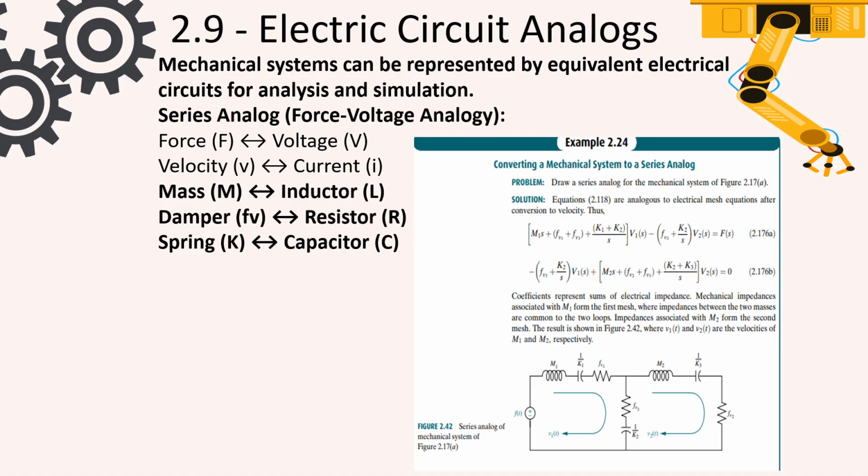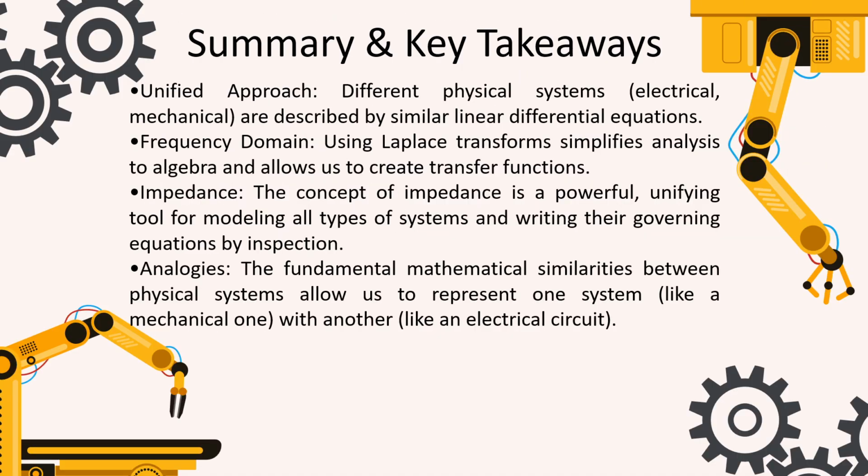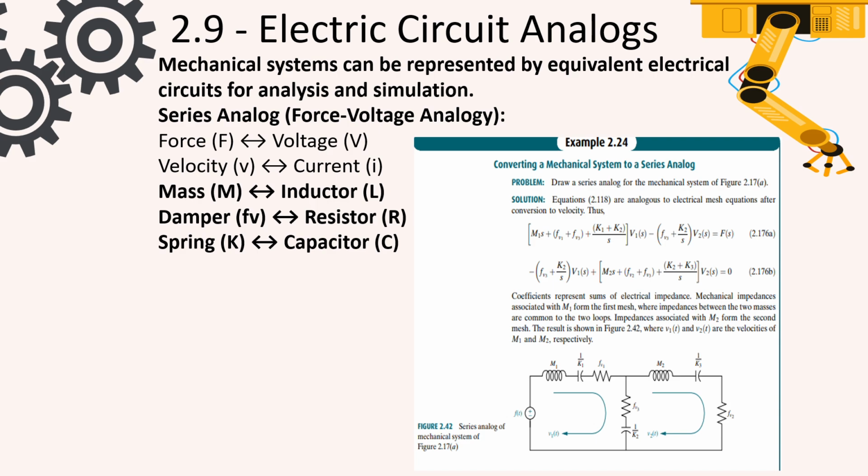In the force-voltage series analog, force is analogous to voltage, velocity is analogous to current, mass acts like an inductor, damper acts like a resistor, and the spring acts like a capacitor. This is an incredibly powerful tool because it allows us to use mature circuit analysis and simulation software to study and predict the behavior of complex mechanical systems.